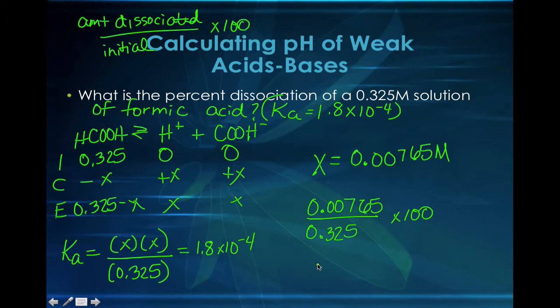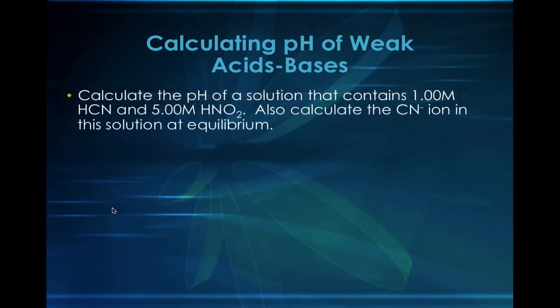When I do all of that, I end up with an answer that is 2.35% dissociation. So you can see that usually not even 5% of these acids will dissociate, the weak acids and the weak bases, which is why we're able to ignore the minus x because it follows that 5% rule. The Kas are so small that it hardly dissociates at all.